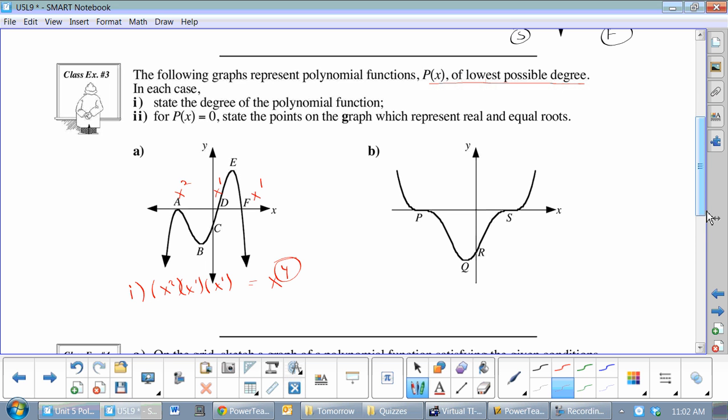Now, which point on that graph would represent real and equal roots? Where does it have real and equal roots?